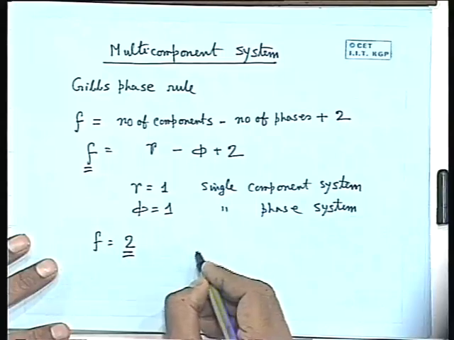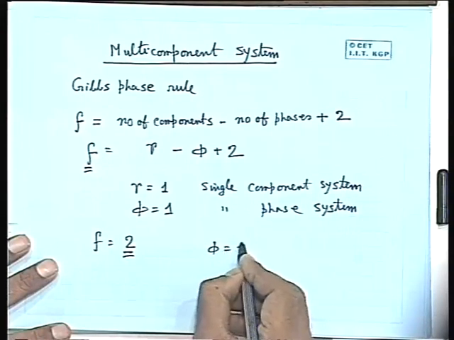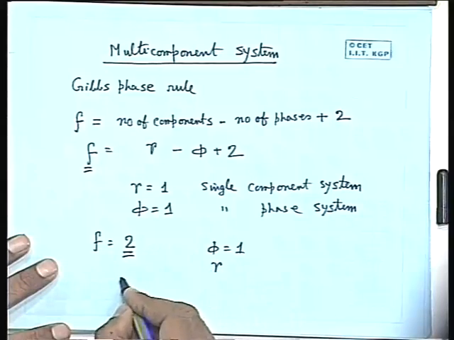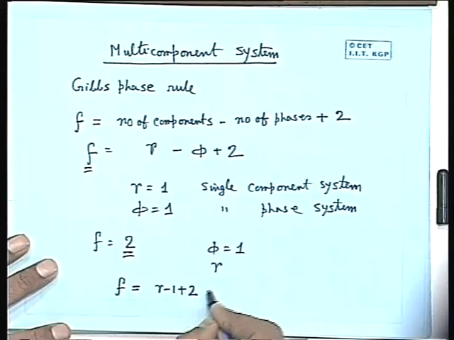But if more than one component and more than one phase are there, then according to the Gibbs phase rule the number of independent intensive properties is more. For example, if we consider a single phase system with R components, then F is equal to R plus 1.